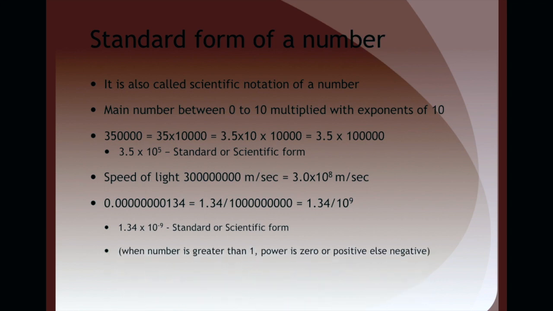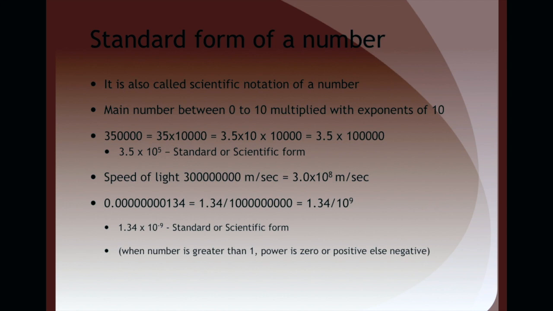So when a number is greater than 1, the power is 0 or positive, else negative. What does it mean? For example, in the speed of light example, the number is greater than 1, so 10 raised to power is positive.